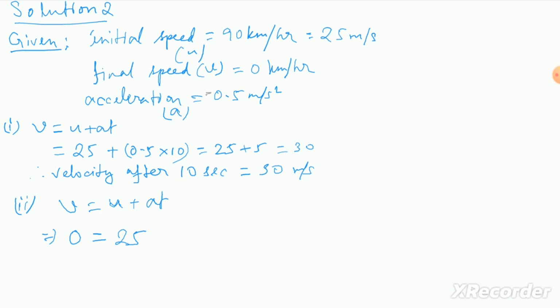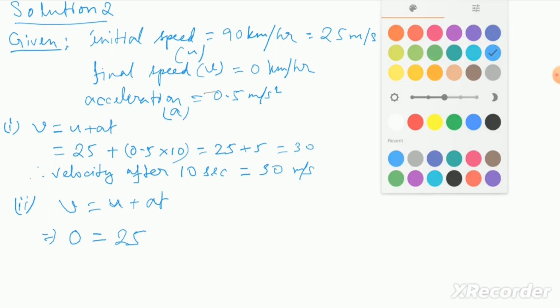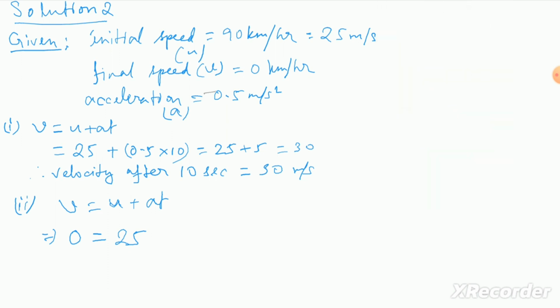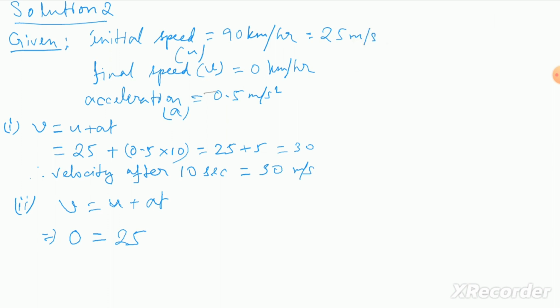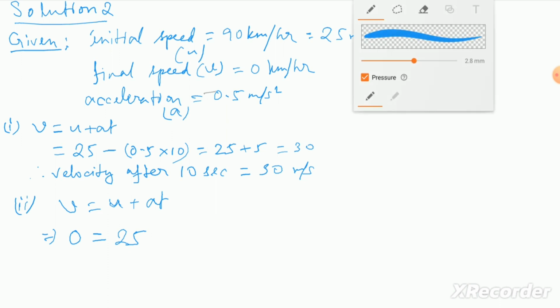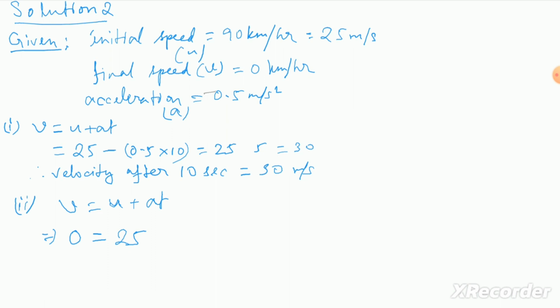Since it is retarding, the velocity must be decreasing, so this needs to be subtracted: 25 minus 5, that is 20 meter per second.